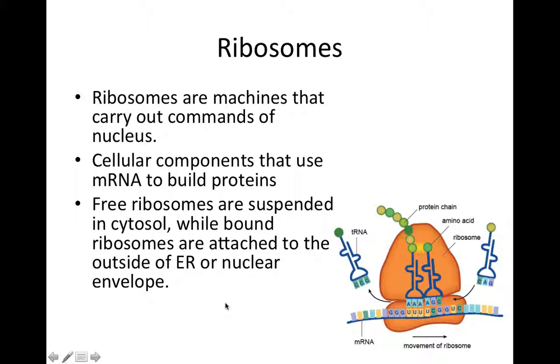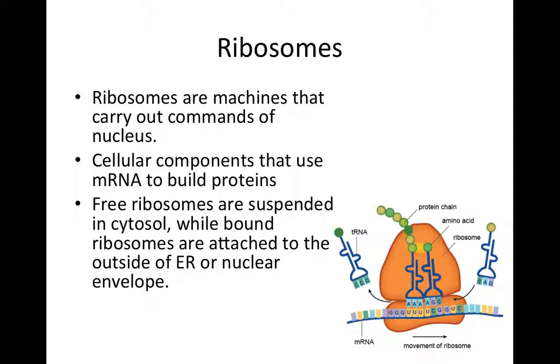Other thing too, right? You've got free ribosomes versus bound ribosomes. So free ribosomes are ribosomes floating in and around the cytoplasm as messenger RNA comes pouring out of the nucleus. The ribosomes capture these messenger RNAs and the process of translation occurs.